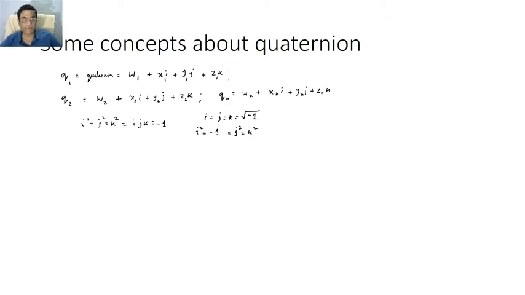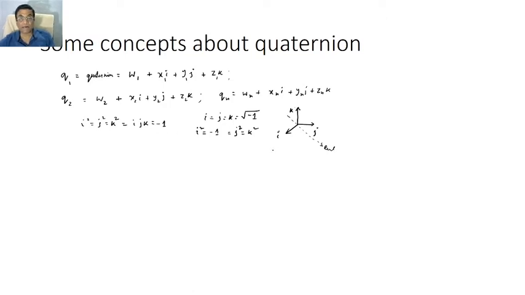For understanding that, you will have to understand this one. This is my i, this is j, this is k, an orthogonal right-handed coordinate system. Then somewhere down the line, I cannot show you because this is a fourth dimension, this is a real axis, which is representing these W's.